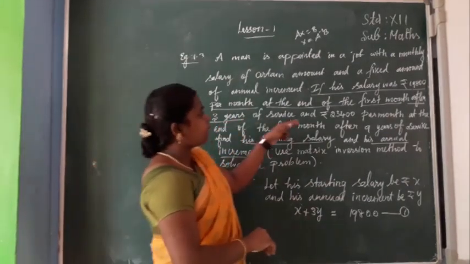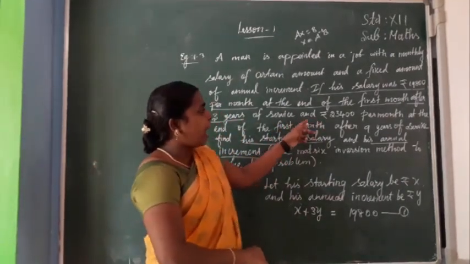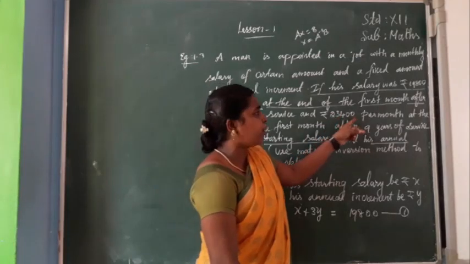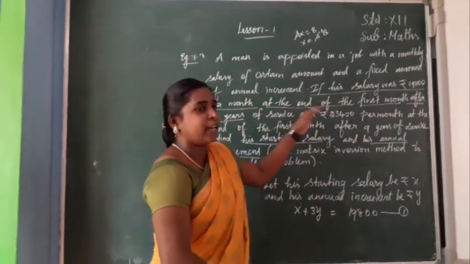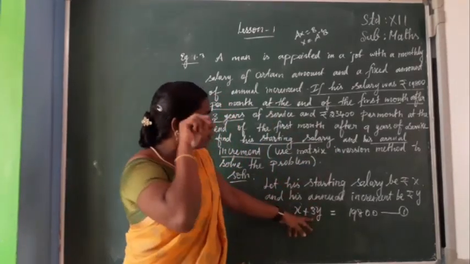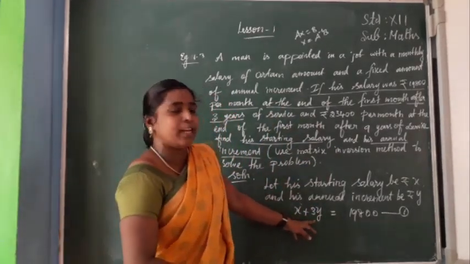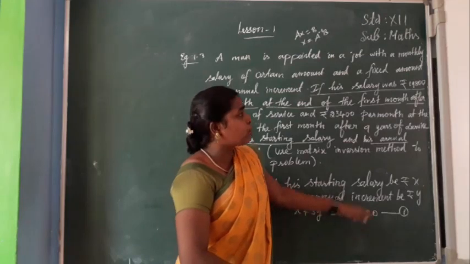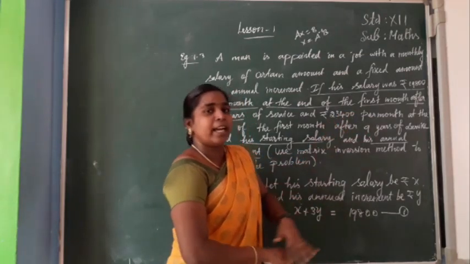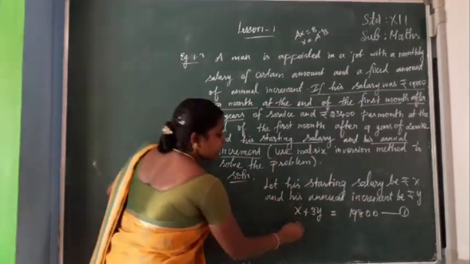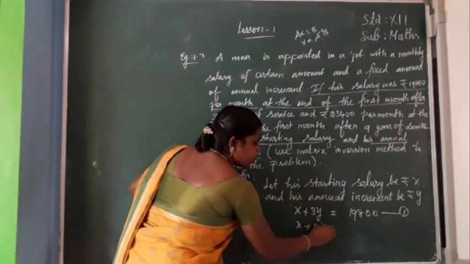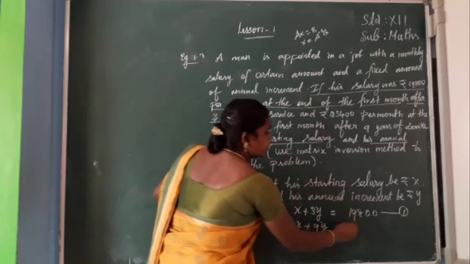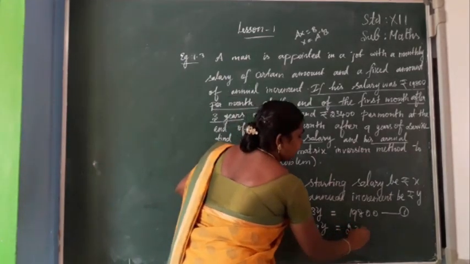Now see the second condition: rupees 23,400 per month at the end of the first month after 9 years. After 9 years, how do you write it? Starting salary plus 9 years increment, equal to rupees 23,400.